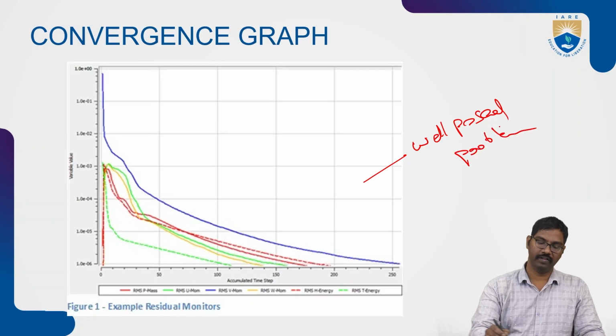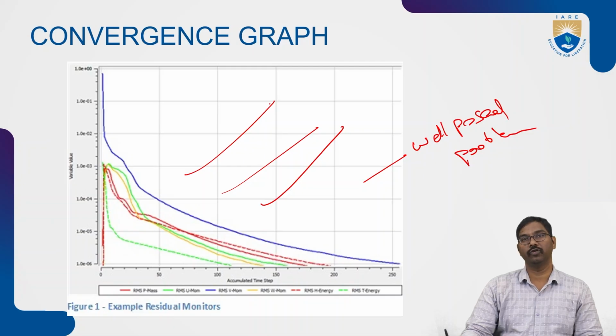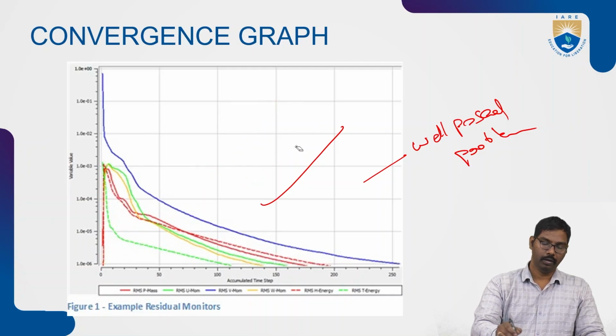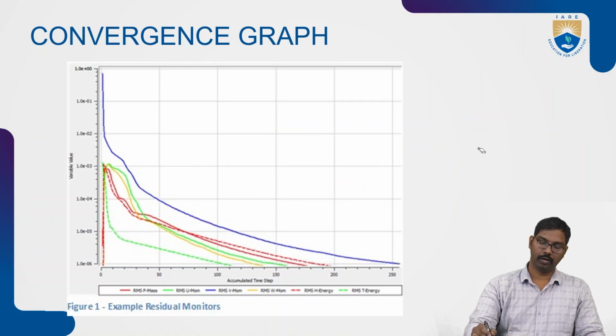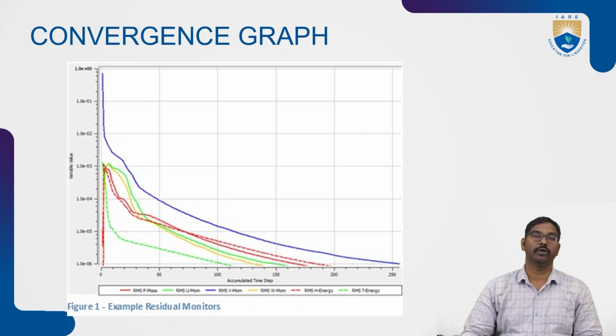If the graph is diverging, then we can consider it as an ill-posed problem. If you come across such divergence, then you have to immediately stop the simulation and change your boundary conditions, or your numerical method, or any material properties or turbulence model. You have to verify each and every step which you have gone through in the procedure.